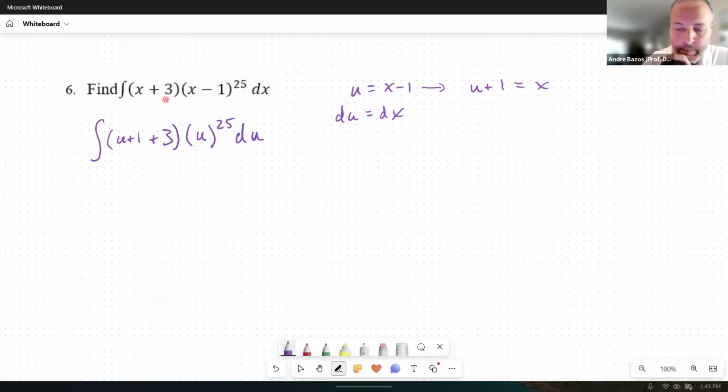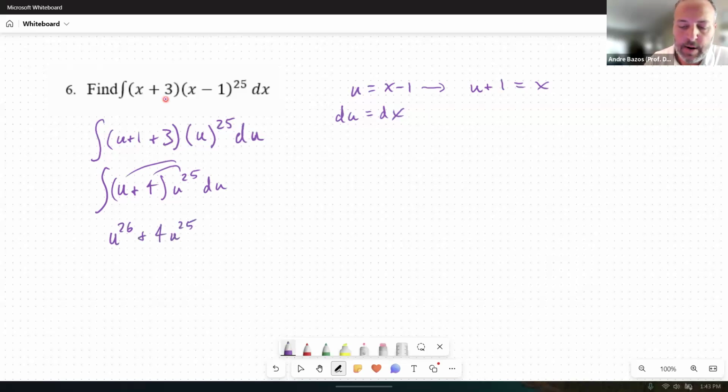Let me just simplify a little bit. So that's u to the 25th power. I'm just going to point out this is u plus 4 times u to the 25th power du. I don't have a product rule, but we'll make one kind of this semester. That can go throughout, right, and make this u to the 26th power, and 4u to the 25th power. There is an integral here and a du.